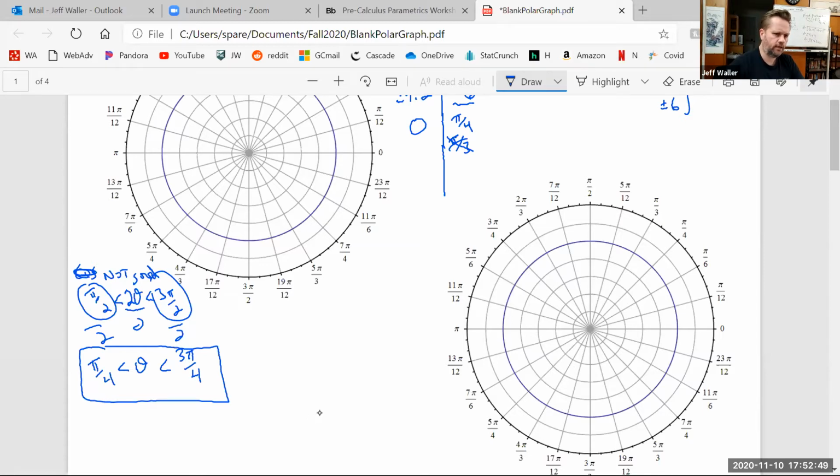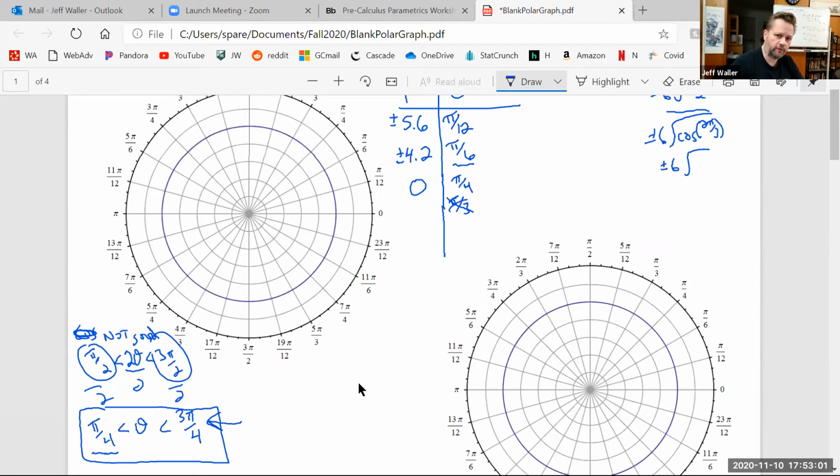I cannot use these values. And notice, I think it was Amber who made this point. Can I use pi over 4? Did we use pi over 4? Yeah, we can use it just fine. And that's why that's not equal to. So these are the things I cannot use.